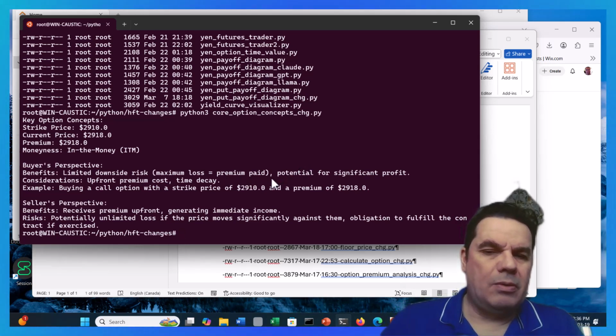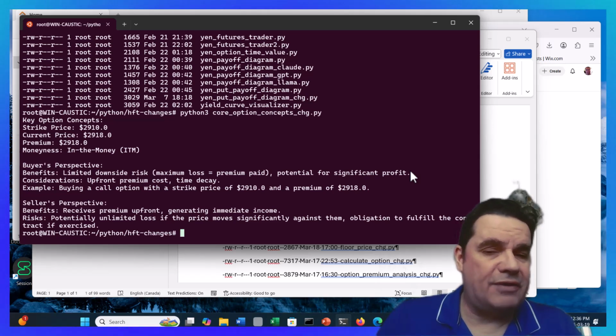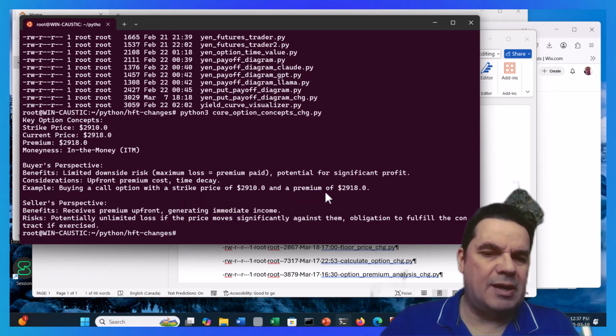With this limited downside risk, the potential is quite easy to say, well, unlimited profit. There's a lot of profit potential. But what you need to consider is the upfront premium cost, and the other thing is time decay. So you buy an option with a strike price of 29.10 and a premium of 29.18.